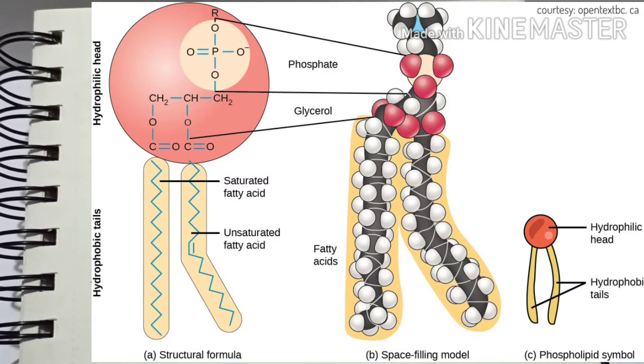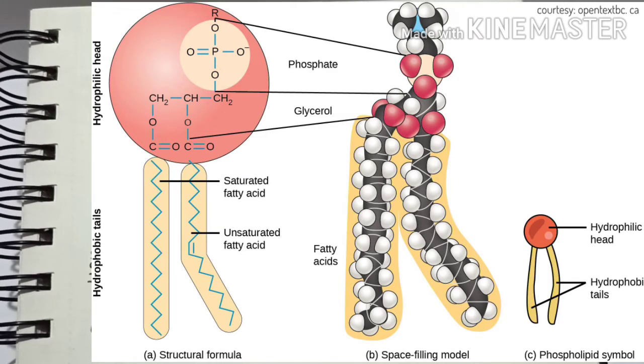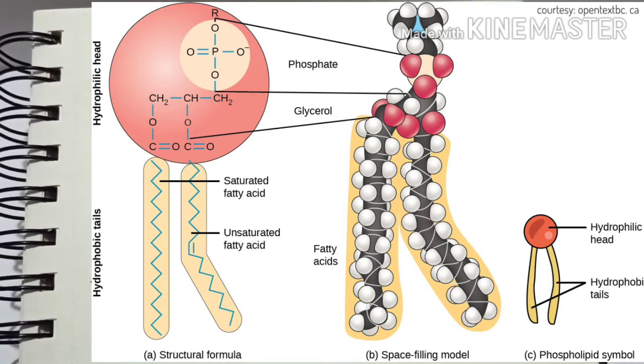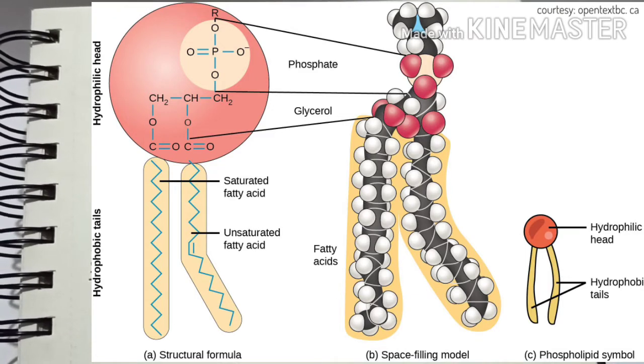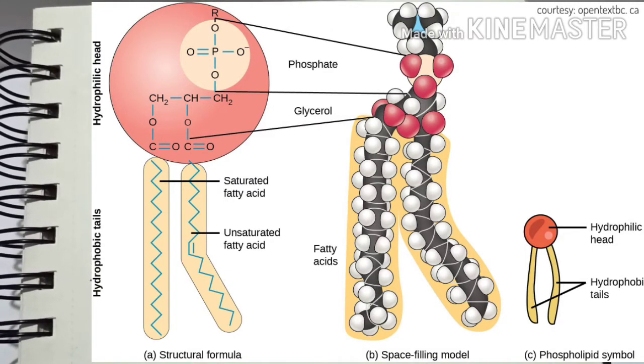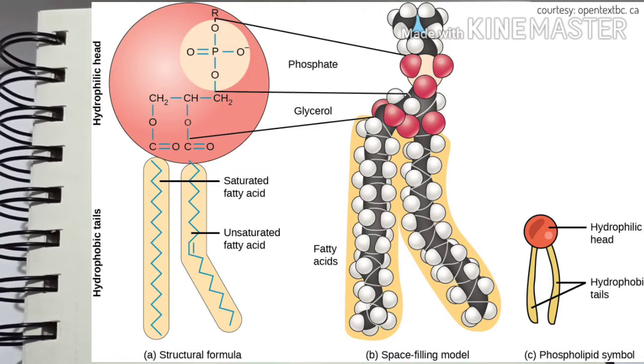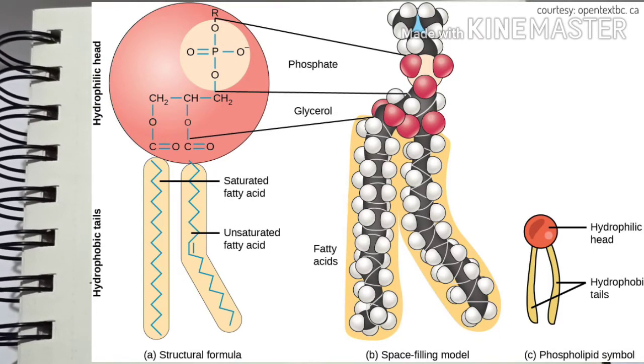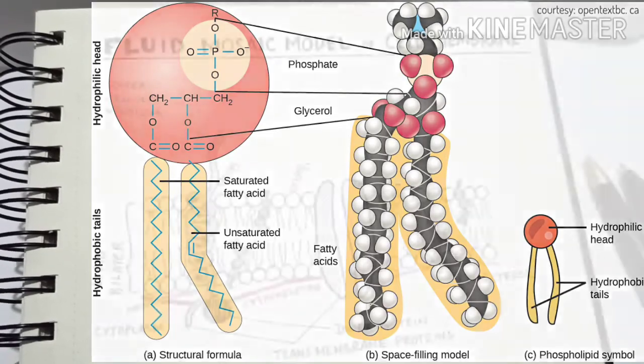This results in the head being a hydrophilic end and the tail a hydrophobic end. The hydrophilic head region has an affinity towards water and the hydrophobic tail does not. It just moves away from water, resulting in forming a lipid bilayer.